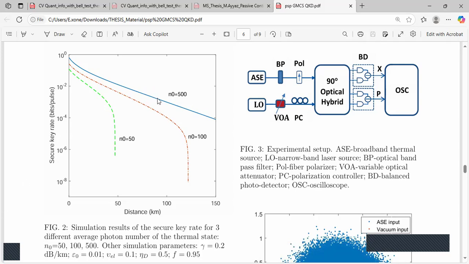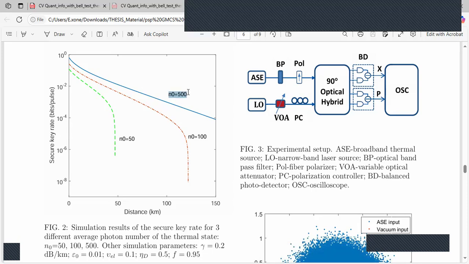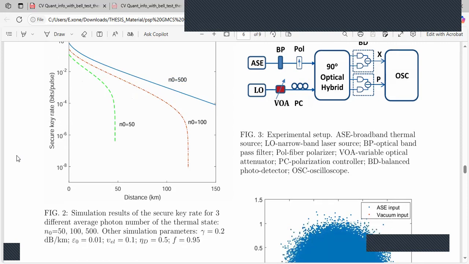So the optimal average photon number that we have to use for the input thermal state is 500 in order to get the optimal performance from this protocol.